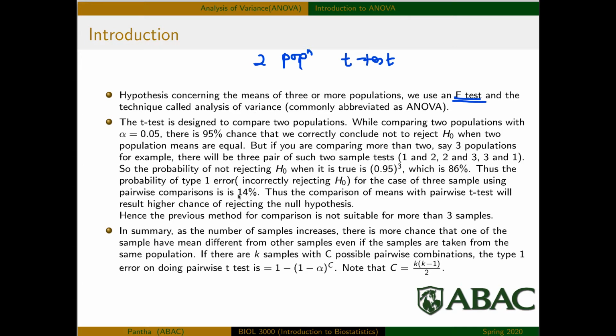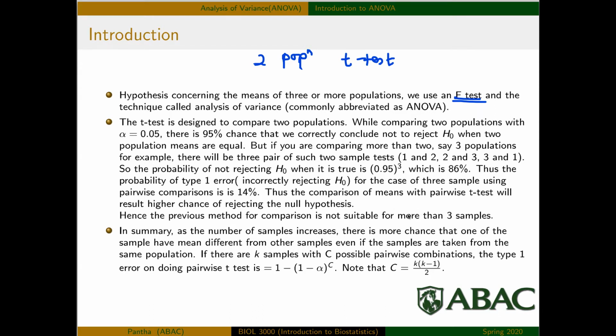In two samples it was 5%, but with pairwise comparison it will be 14%. Thus comparing means with pairwise t-tests results in a higher chance of rejecting the null hypothesis. Hence the previous method is not a good idea for three or more samples.